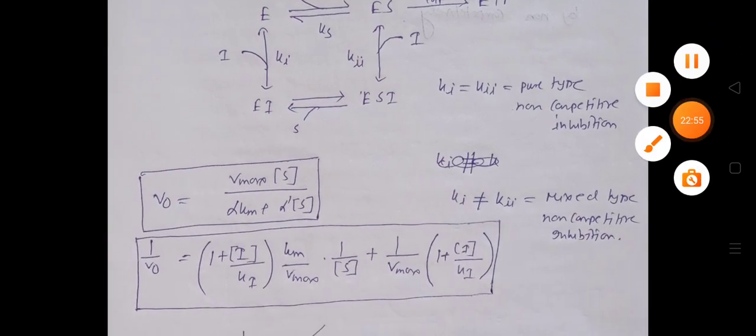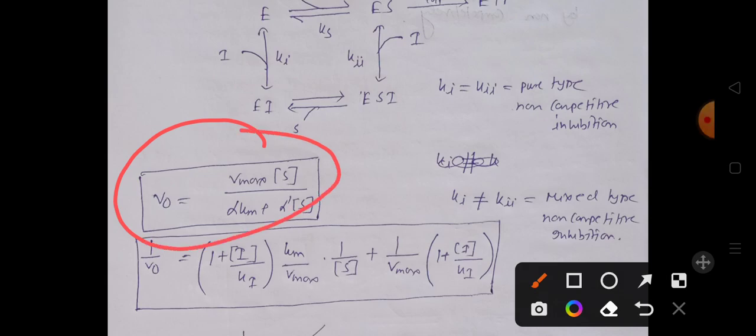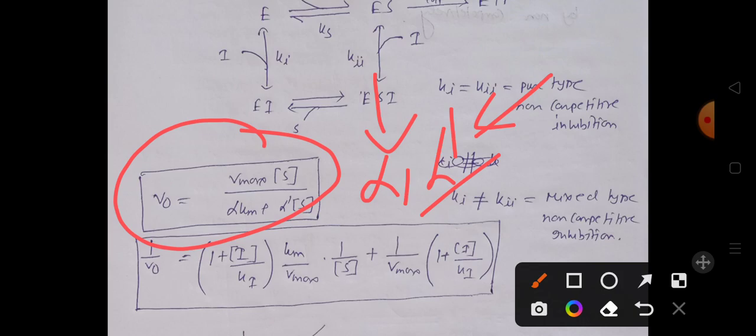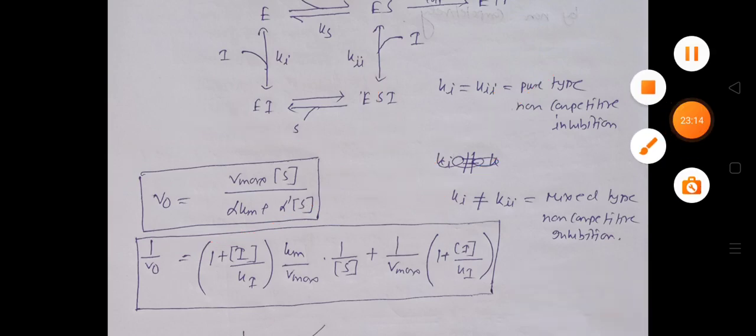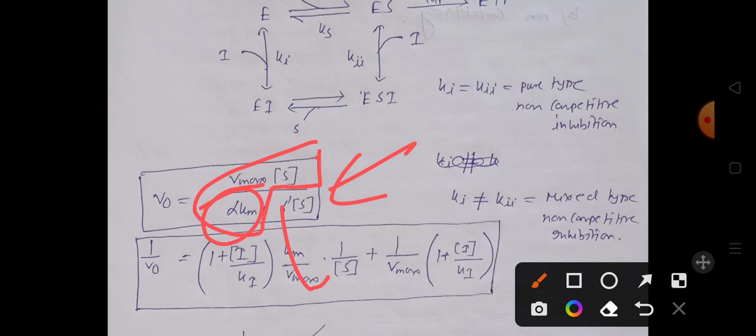non-competitive inhibition is going to be a mixture of uncompetitive as well as competitive inhibition. So both alpha as well as alpha dash will be present. Alpha dash will be the case for uncompetitive inhibition and alpha will be the case for competitive inhibition, right? So you can see that up to that part, if we remove that alpha dash, then it will be the Michaelis-Menten equation for competitive inhibition.